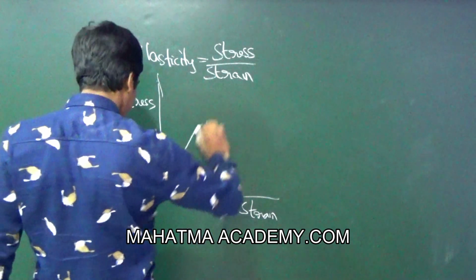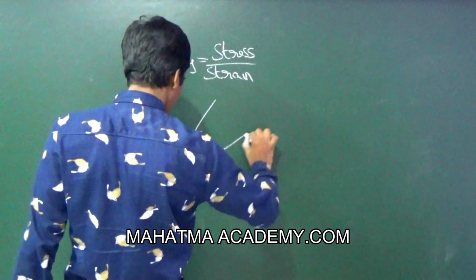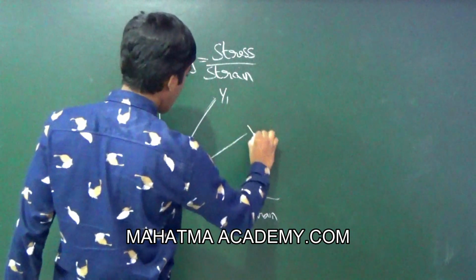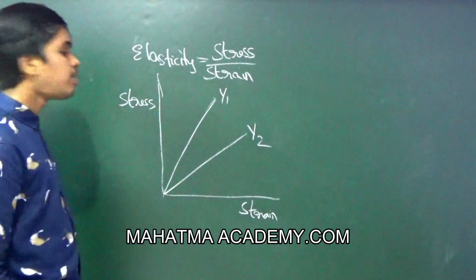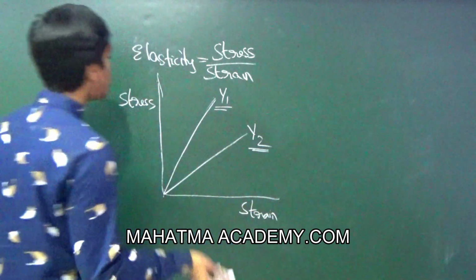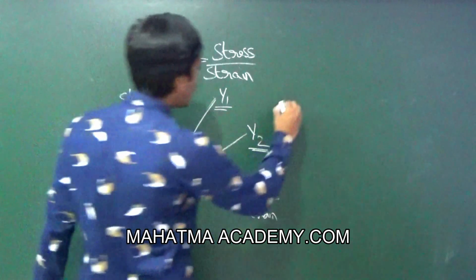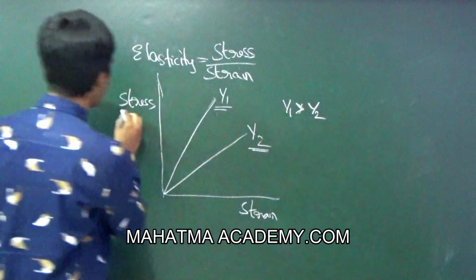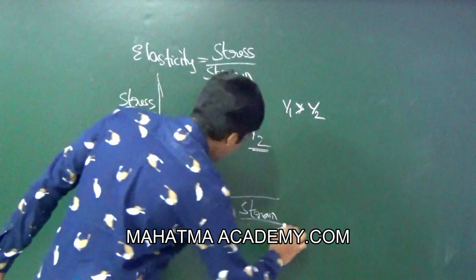Then here it is y1 and y2. Now, which is greater, y1 or y2? Obviously it is y1. So y1 is greater than y2, because stress and strain give elasticity.